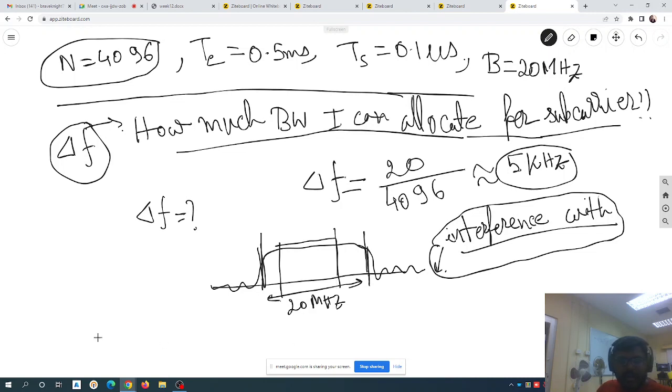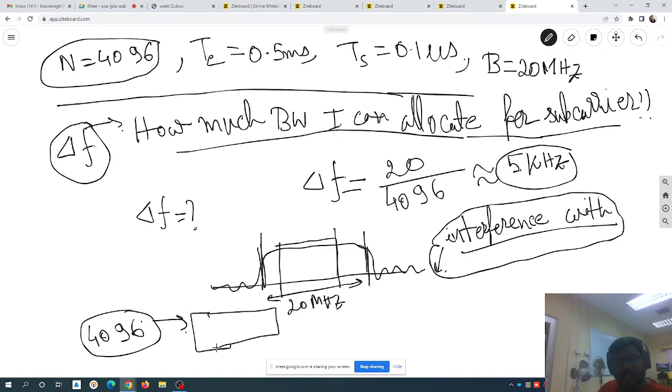So what is the main thing here? We don't use all of the 4096 subcarriers. Instead we can use 3000, and this is a limitation, like you cannot use all of your subcarriers, about 20% are left unused. This is a rule there. So suppose we use 3000.